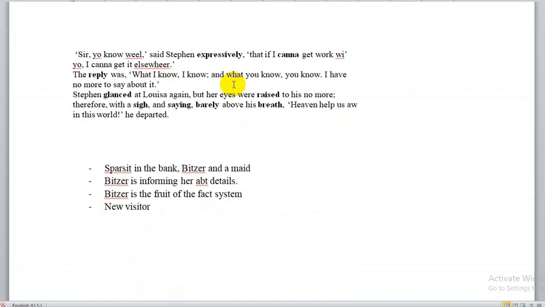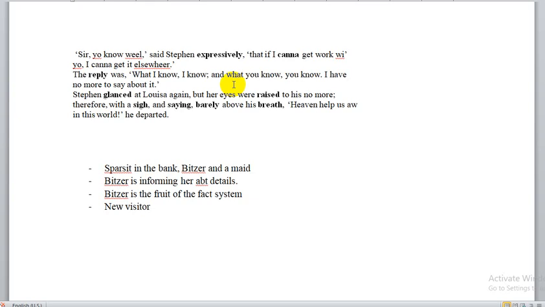When we try to link chapter 1 to the structure of the novel, we need to understand what goes on in the bank, some kind of impacts or influences that take place in the bank. Bitzer and Sparsit are looking for details, for news about the workers and how they are uniting. Of course, this is a small detail the writer gives now, and he will develop it later concerning the unions of the workers.